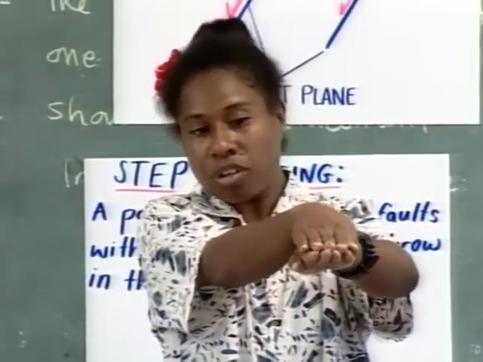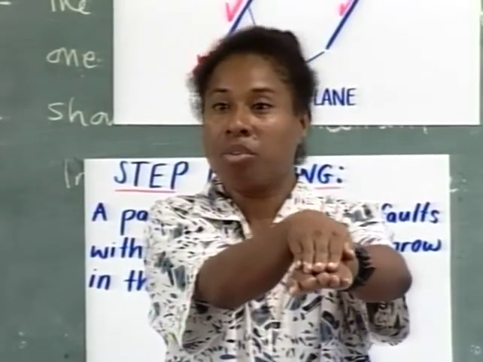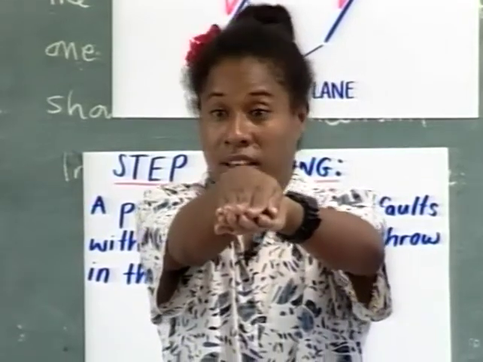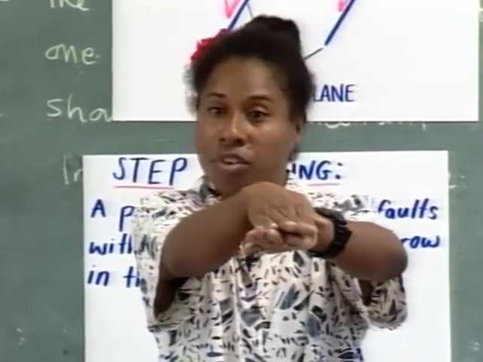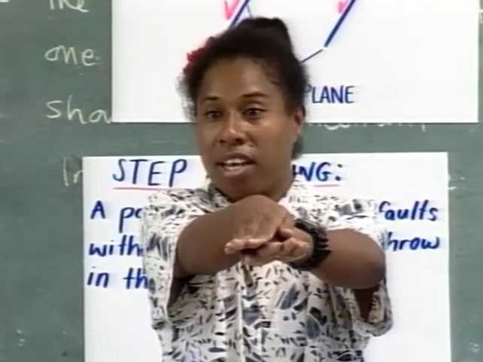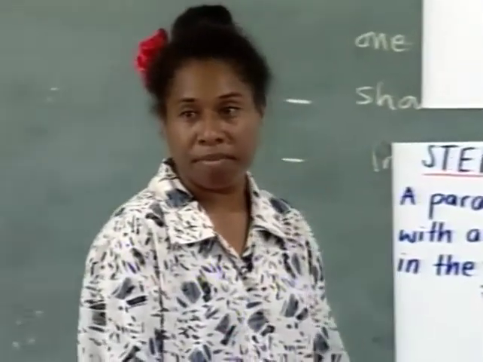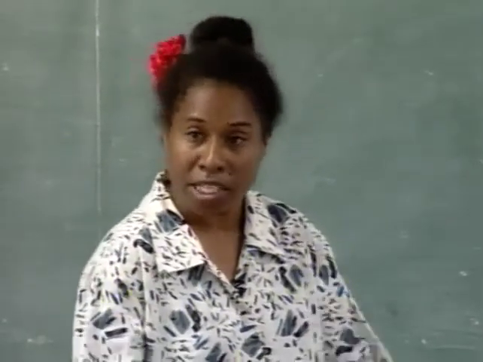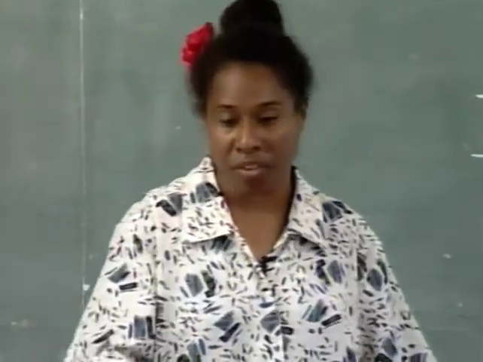And if you push your hand back, faulting could have happened similar to that of a thrust fault. Or you could also have a thrust fault whereby the top hand simply moves to the left or to the right. And here we have a thrust fault whereby faulting has taken place. The main thing to look for is the horizontal fault line and the displacement along the horizontal fault line. That's the first one on the thrust fault.